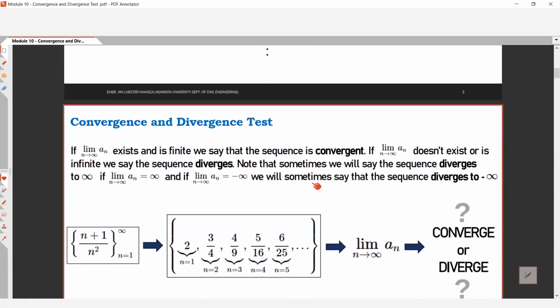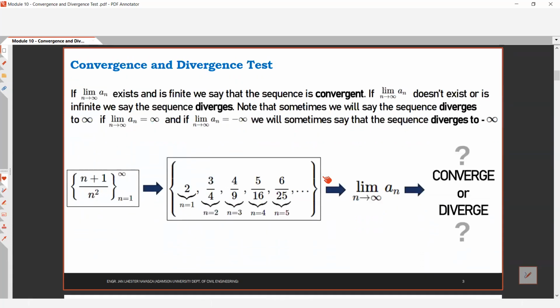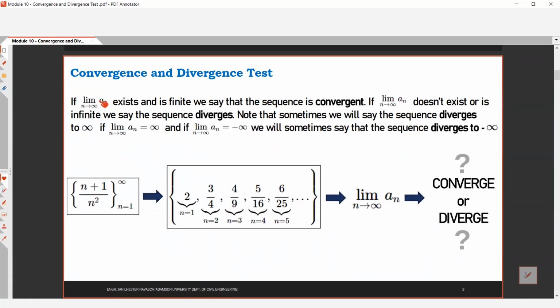For a convergence and divergence test, the question is: if the limit of a sub n as n approaches infinity exists and is finite, we say that the sequence is convergent. So ito yung test mo.